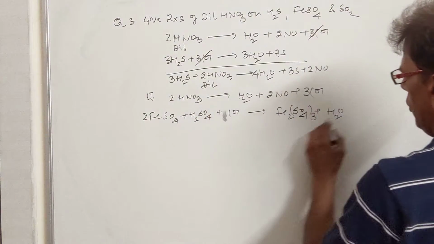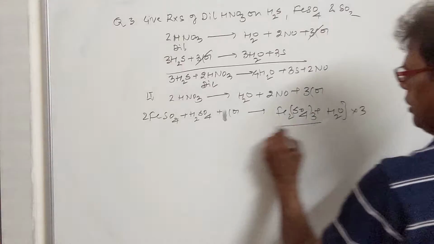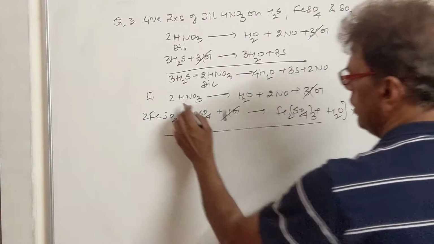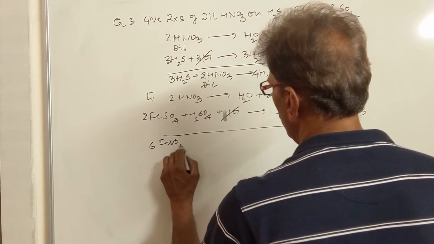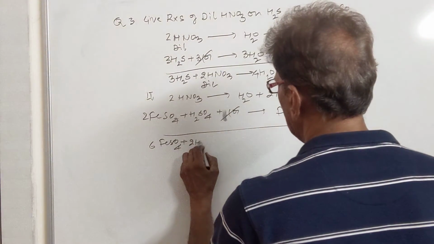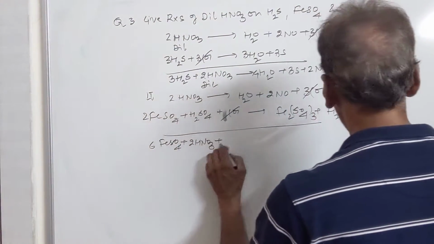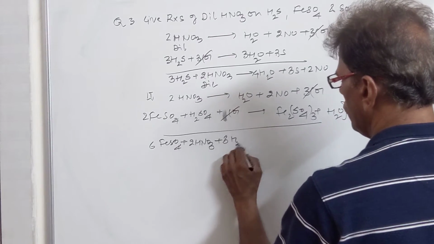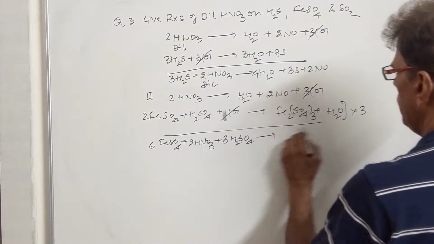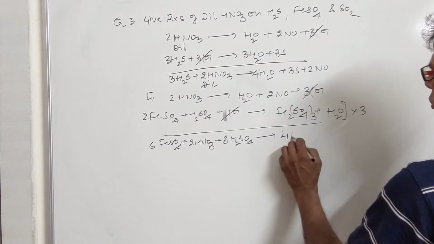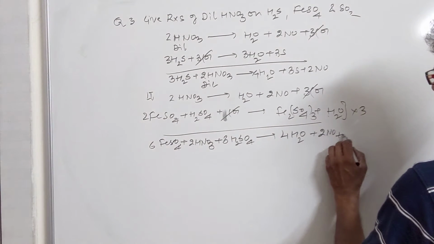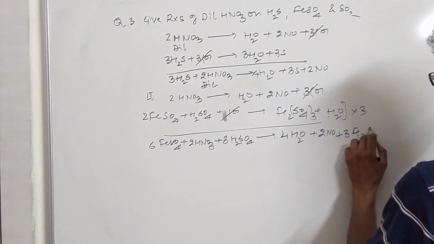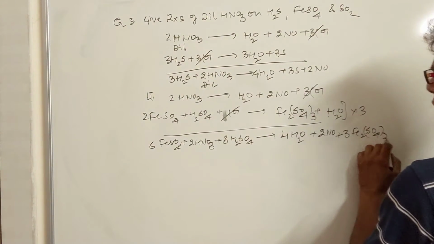If you take one oxygen here, multiply it by 3, you cancel these oxygens, you will now have 6 FeSO4 plus 2HNO3 plus 3H2SO4. Product will be 4 H2O plus 2NO plus 3Fe2(SO4)3. This is called as ferric sulfate.